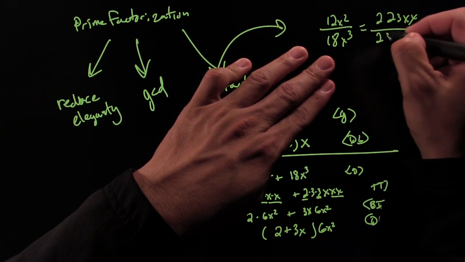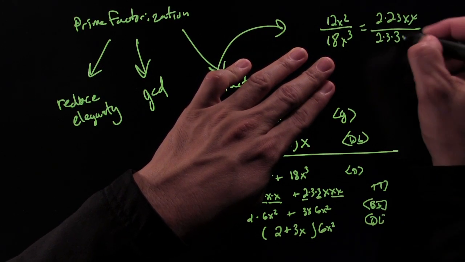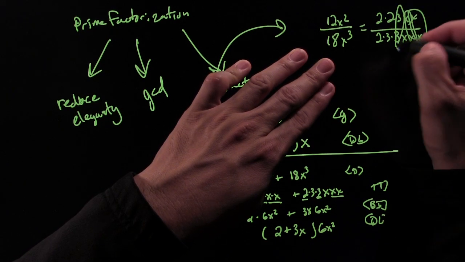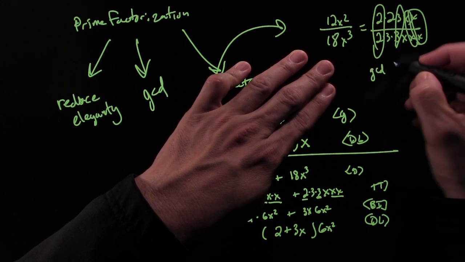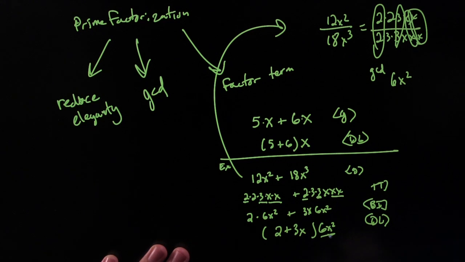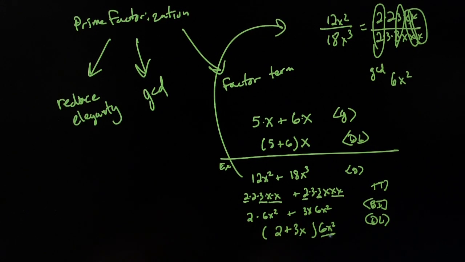This is a 2, 3, 3, x, x, x. What's common? Oh, there's an x common, there's another x common, there's a 3 common, there's a 2 common. So the GCD is 6x squared. That's what you can factor out of both of them, 6x squared. Okay, it's a very professional way to see what you can factor.